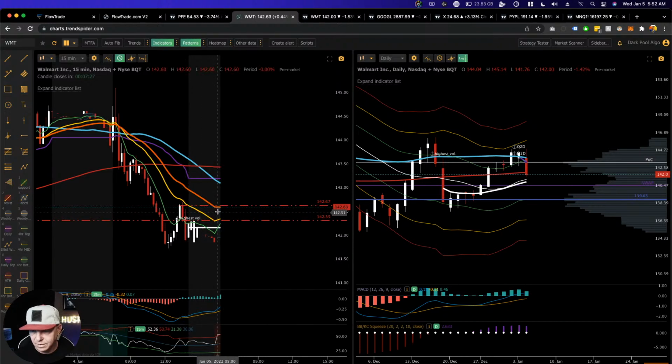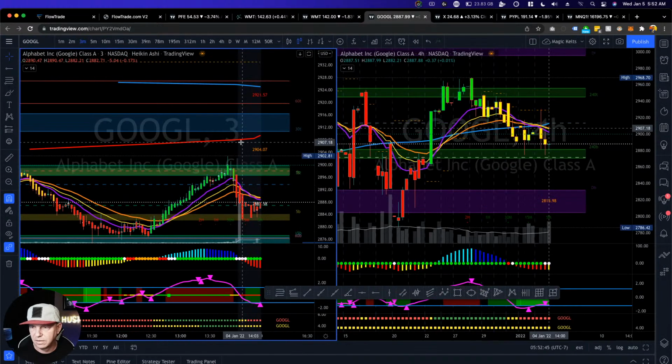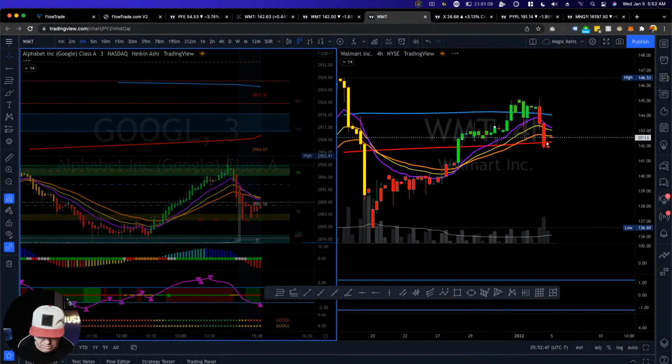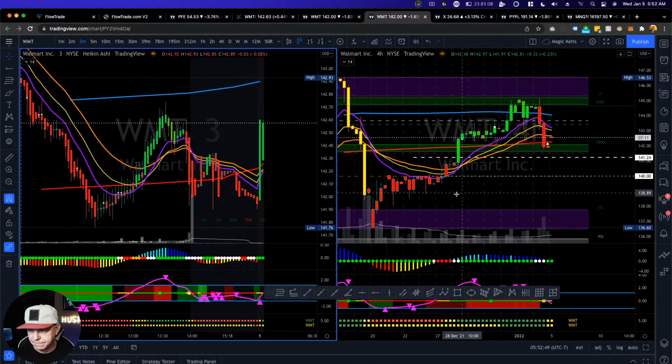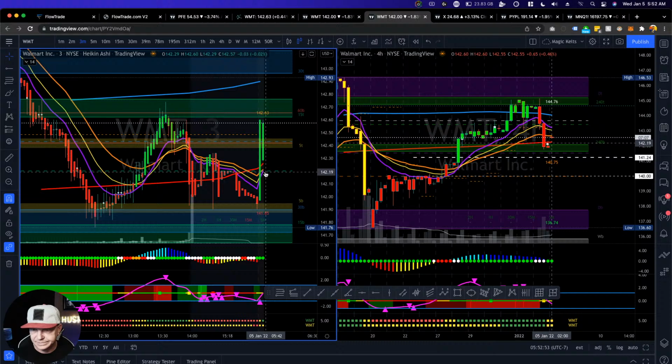Yeah, so Walmart above 142.50 for a move to 143.50 and potentially 144. Let's keep an eye on Walmart. It looks pretty decent from what I can see. Maybe not. Wow. It just ripped that news, didn't it?